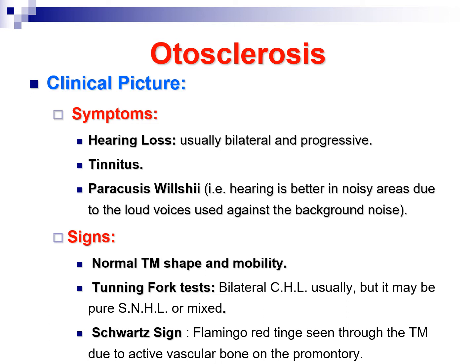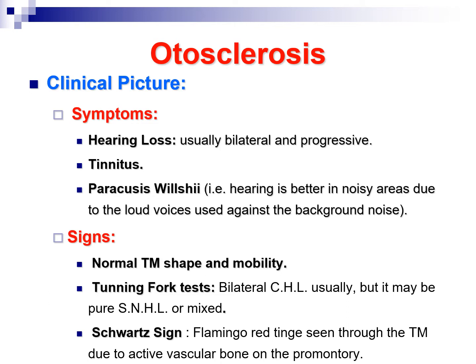As for the signs of otosclerosis, these patients normally have normal tympanic membrane shape and mobility. In tuning fork tests, stapedial otosclerosis normally shows bilateral conductive hearing loss, the commonest finding.